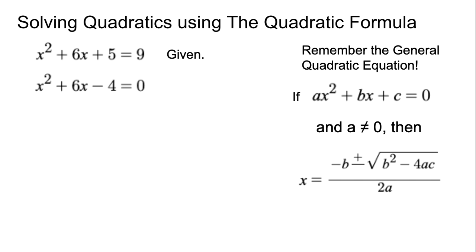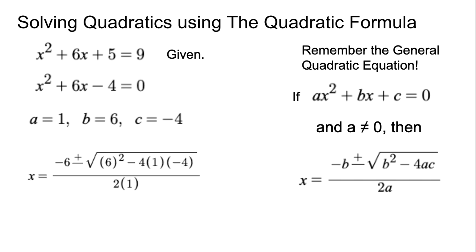So that's what I have to do first. I'm going to use the subtraction property of equality to make my equation equal to 0 and make it look like the general quadratic. Then I can go picking out the leading coefficient, the coefficient of this term, and the constant term, identify those here, and then substitute them into this formula.